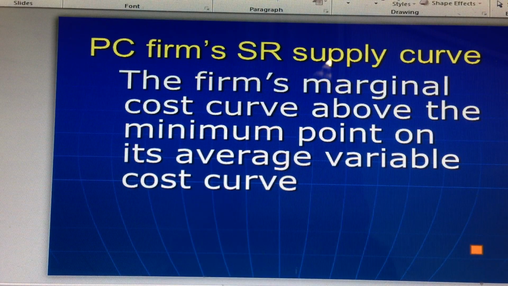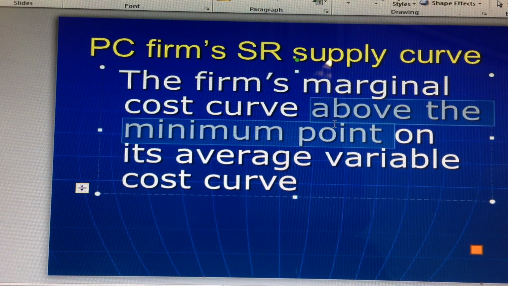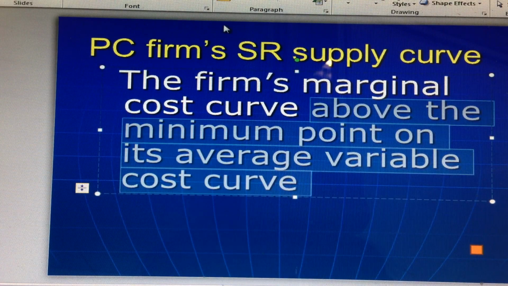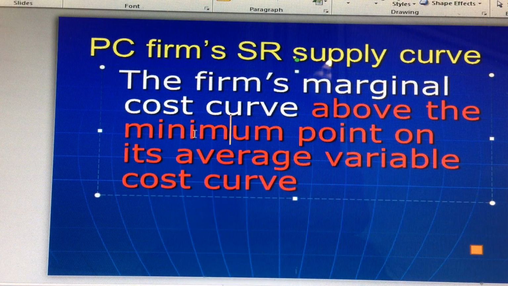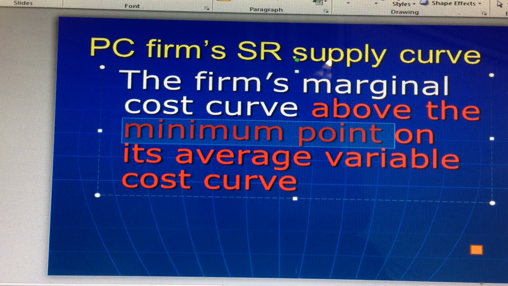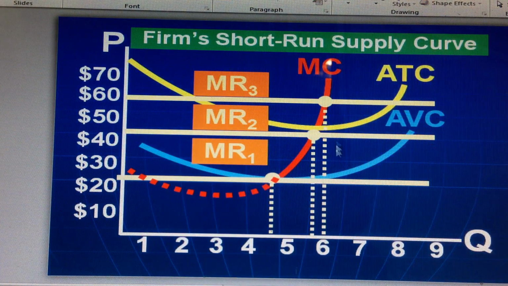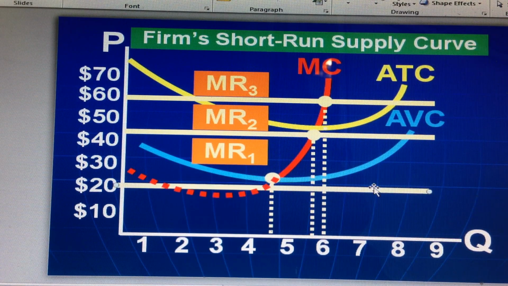Next part is the supply curve. How do we draw the supply curve? You know it's an upward sloping curve. So it is actually above the minimum point on the AVC. Why is it above the minimum point? Now if you see this, you will understand. Remember we mentioned if the price is below the AVC, what will happen?